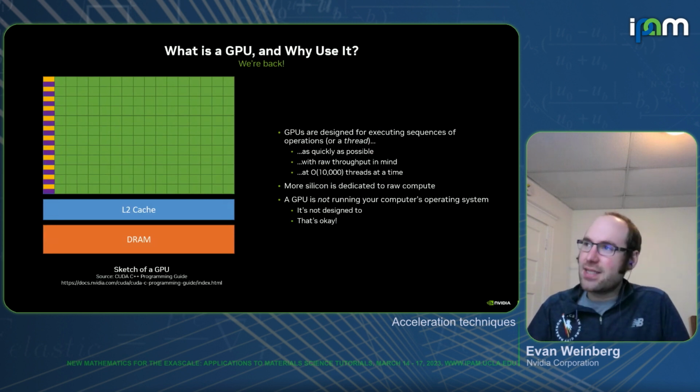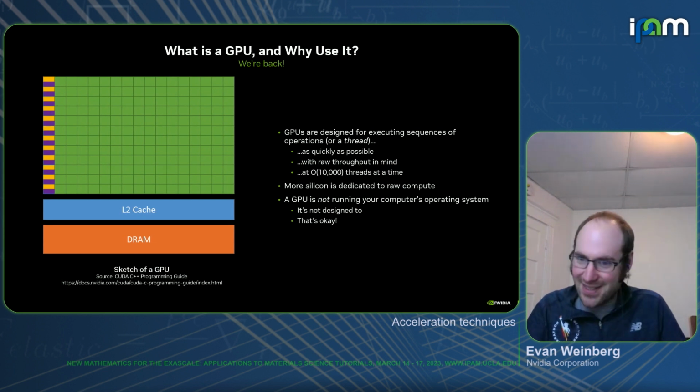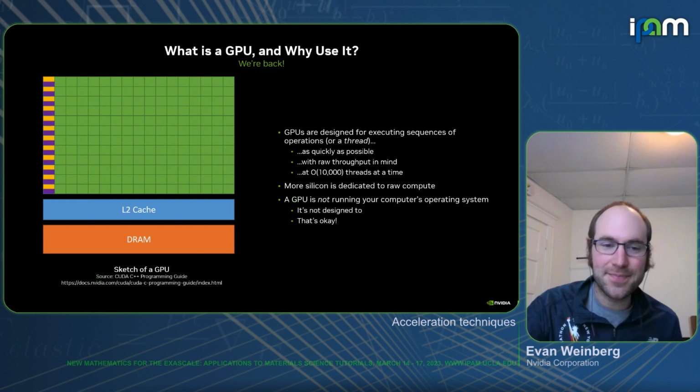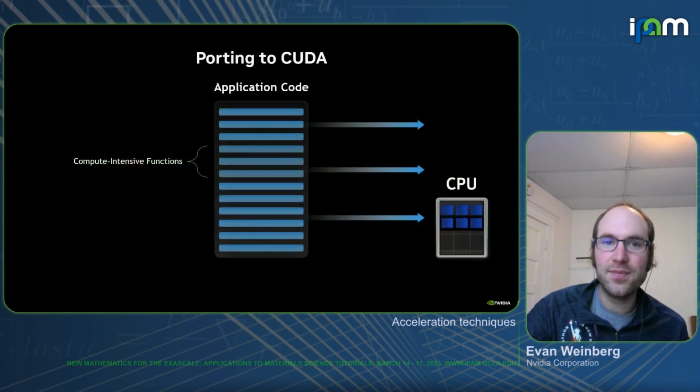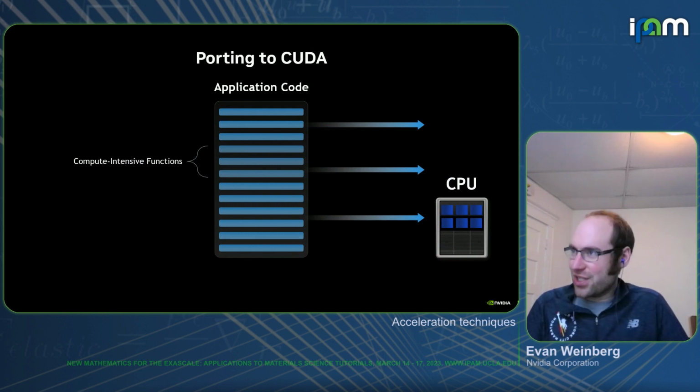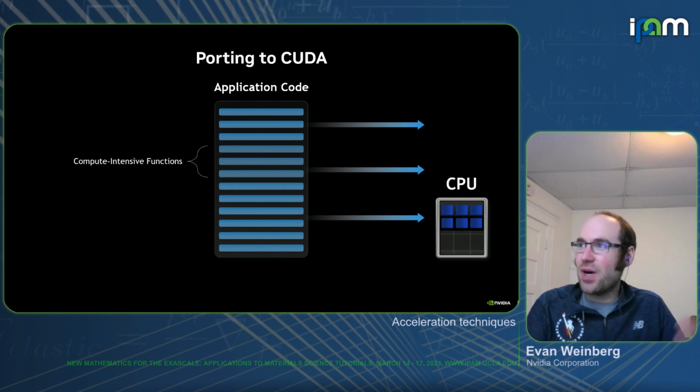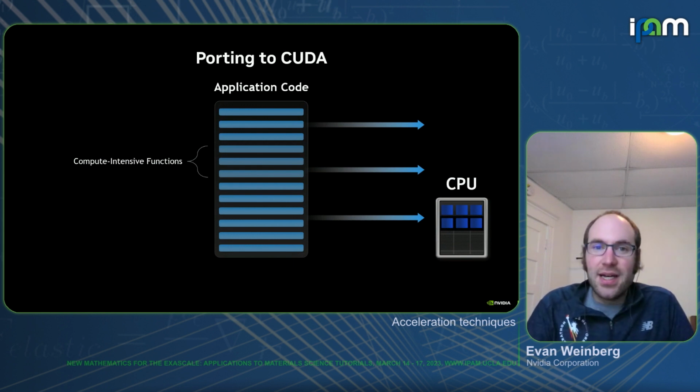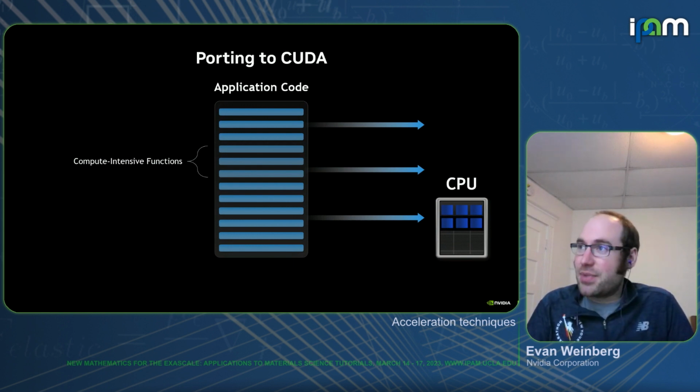To go back to this very last point on the bottom right, a GPU is not running your computer's operating system. It's not designed to, and that's okay. That's why we're here. So this slide in some regards is from 10 years ago originally, where GPU offloading wasn't as huge of a thing. At this point, a lot of applications do support GPU offloading.